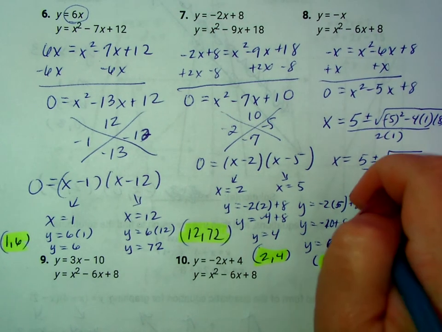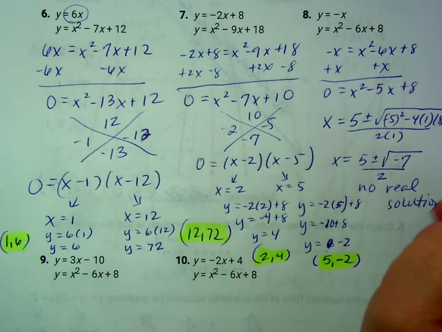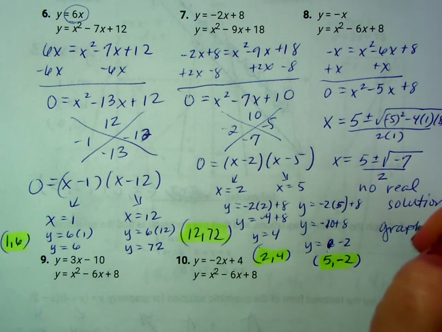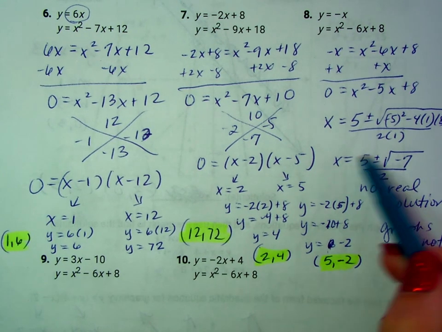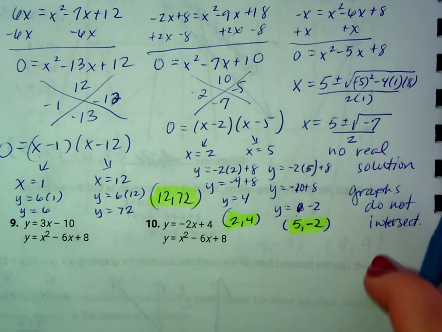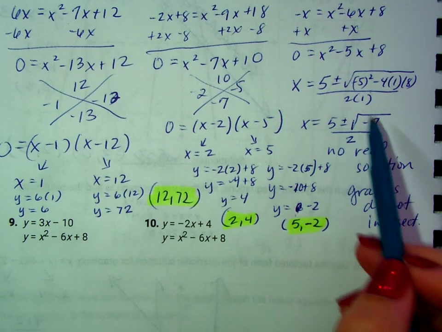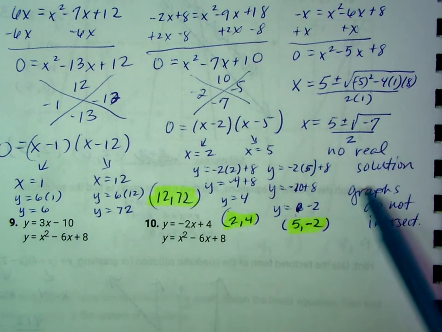So this is no real solution. That means that the graphs do not intersect. So this is what it would turn out to look like if they were a line and a parabola that never touched. It would have a negative discriminant there, and it was not factorable, so we knew something weird was happening.